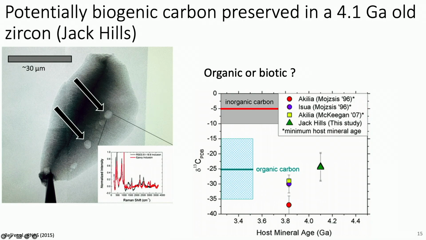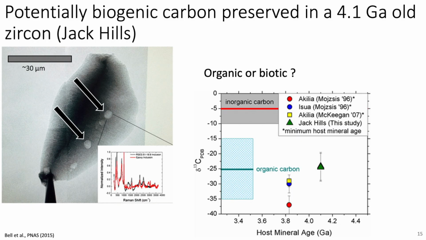So how to distinguish biotic and non-biotic carbon? Or, another way to put it, organic and inorganic carbon, because there's always this debate whether organic is necessarily biotic or not. I think it's not necessarily, but it's been interpreted the other way in this paper. Here we look at the heavy carbon anomaly compared to the PDB as a function of age for a number of zircons or rocks a little younger. We won't go into the details, but there is a general trend.